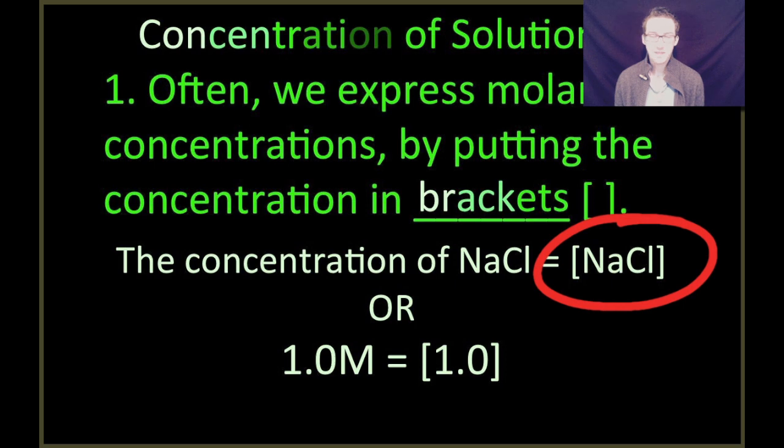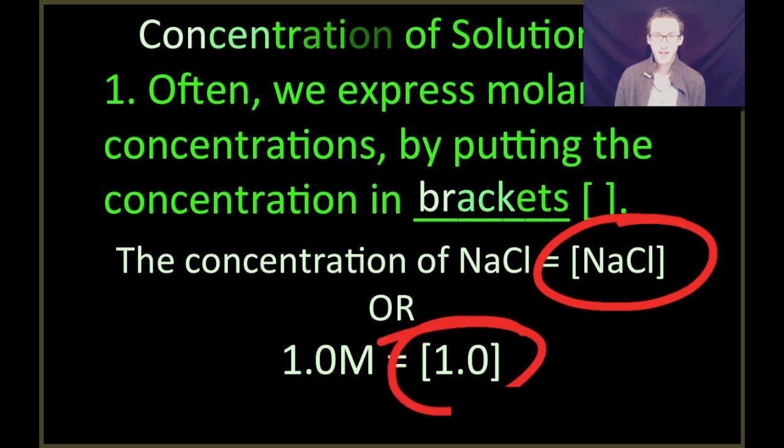Again, it's simply a shorthand method of saying the concentration of that sodium chloride solution. You'll often see us put the numerical value for the concentration in brackets. This often will happen when we're doing calculations involving the concentrations. Again, just reinforcing that we're talking about molarity or concentration. How many moles per liter are we talking about?